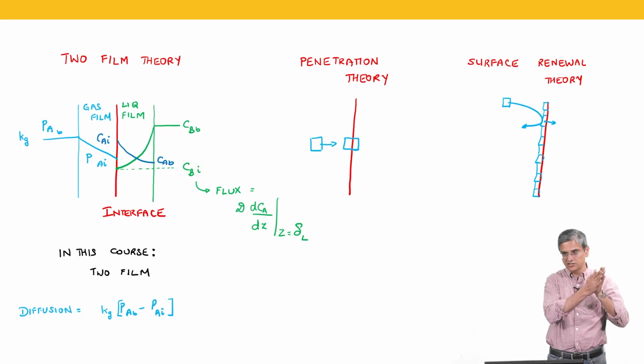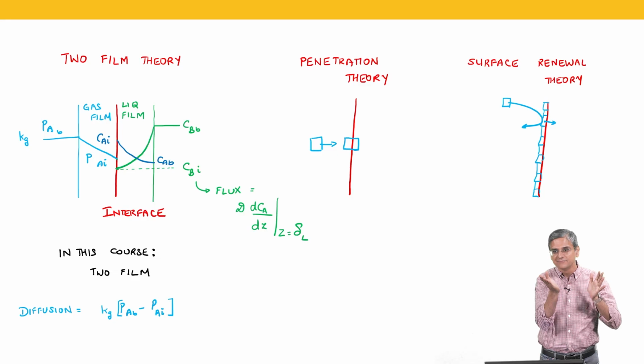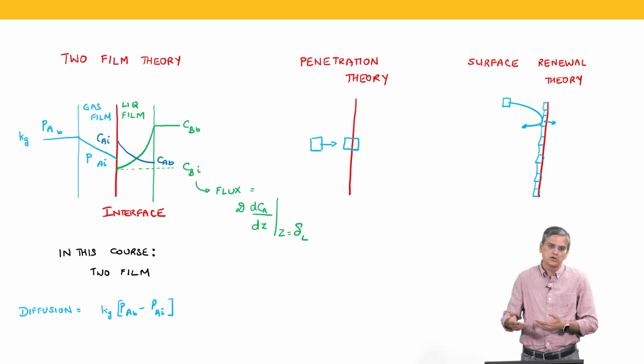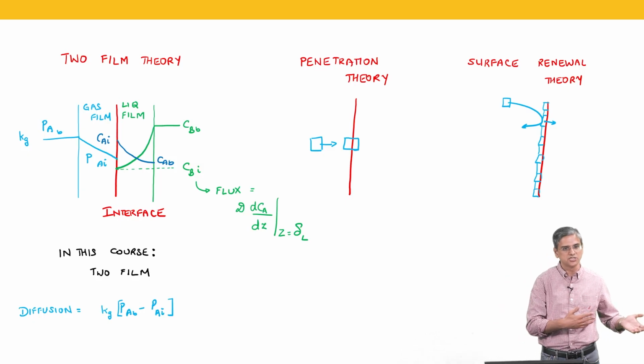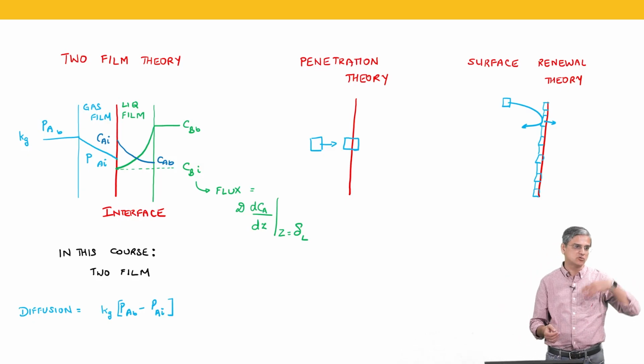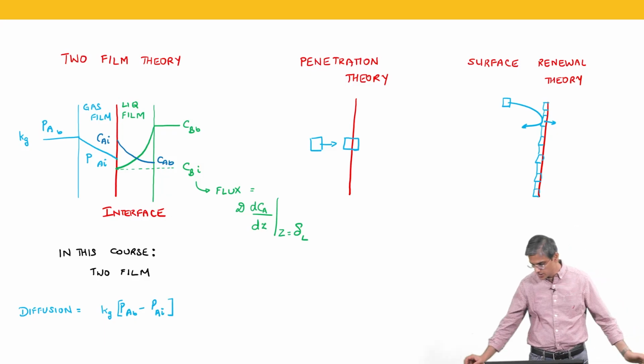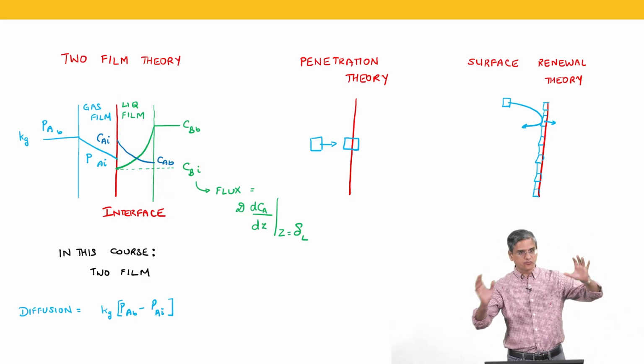The CA in the liquid phase and PA in the gas phase, how are they related? Not the ideal gas law. What would be the interfacial relation? Henry's law, for example. They would be related by Henry's law. And if P is related to C by Henry's law, P by RT is also related to C. So you can use Henry's law to relate concentration in the gas phase with concentration in the liquid phase as well. We will start off from here.